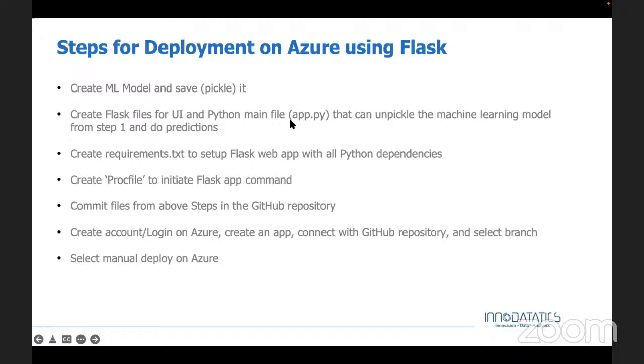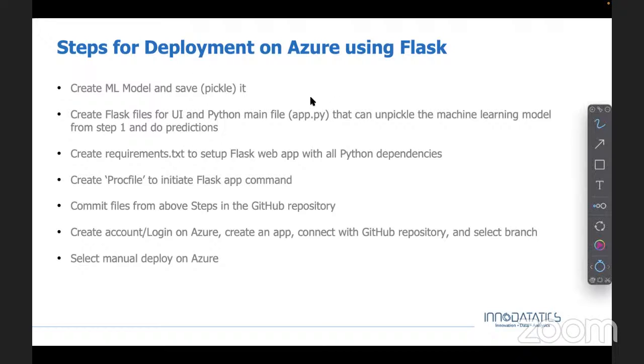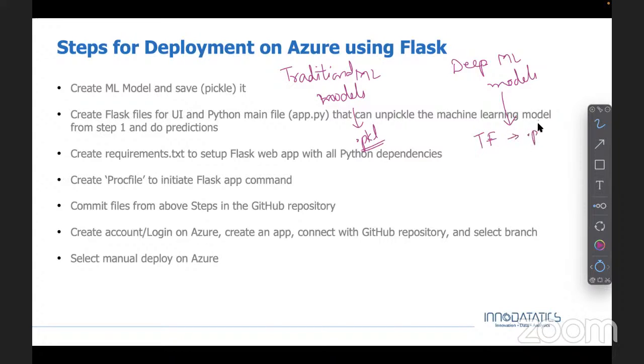This is how you save the regular, traditional models. Friends, you can use traditional ML models, or you can use deep learning models. Here, usually you save the models in .pkl format, pickle format. If you use TensorFlow, you might want to use .pb format.